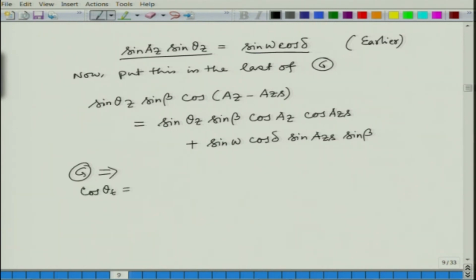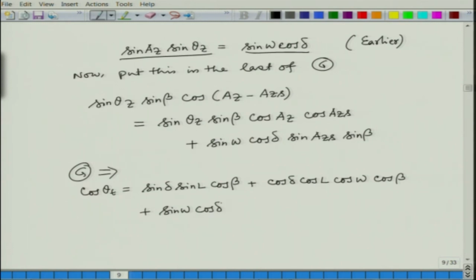cos of theta t, or the angle of incidence on the tilted plane, will be sine of declination angle, sine of latitude angle, cos of tilt angle, plus cos of declination angle, cos of latitude, cos of hour angle and cos of tilt angle, plus sine of hour angle, cos of declination angle, sine of surface azimuth angle multiplied by sine of tilt angle, and the last term is sine of zenith angle, sine of tilt angle, cos of solar azimuth angle into cos of surface azimuth angle.